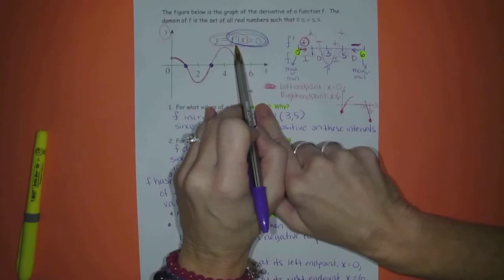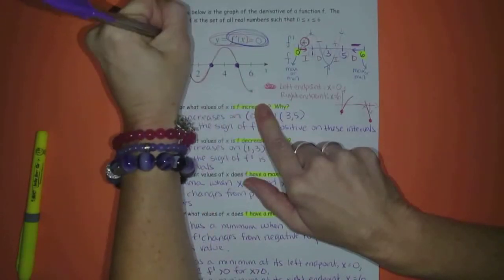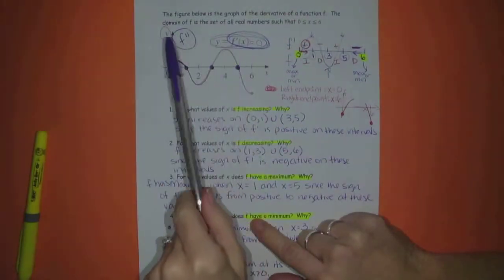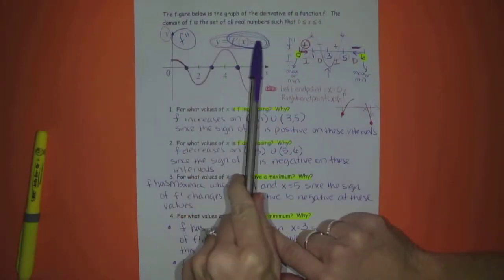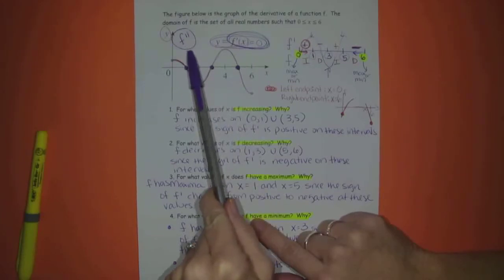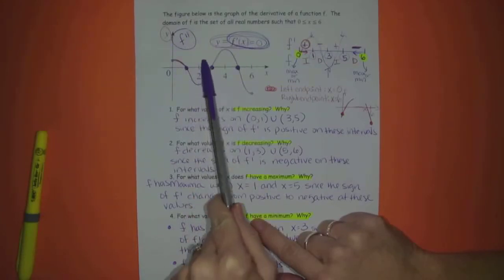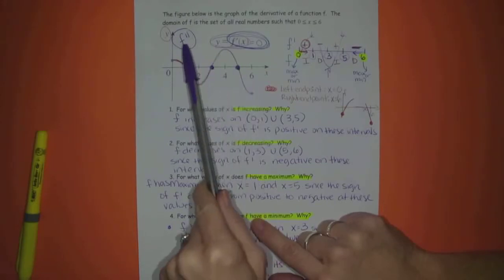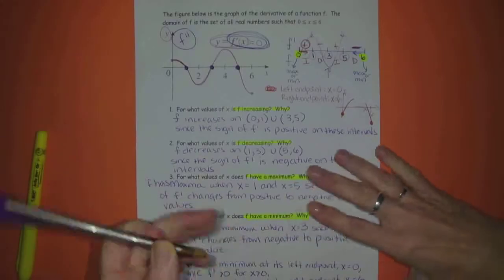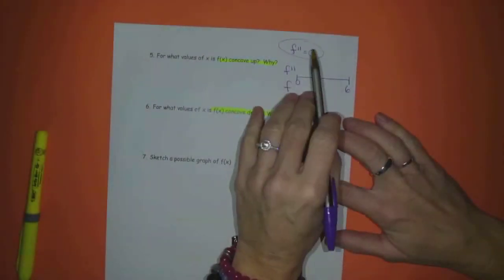How do we find out things about f double prime? Well, since f double prime is the derivative of f prime, we need to analyze the slopes of the tangent lines on this graph to find stuff out about f double prime. In this problem, we want to know when f double prime is 0.